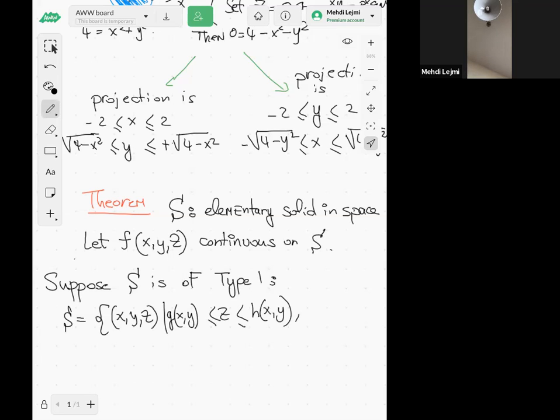The projection into the xy plane is an elementary region, where y is between two functions of x, beta x and alpha x, and x is between two constants, a and b. Of course, beta and alpha need to be continuous on the interval [a, b].